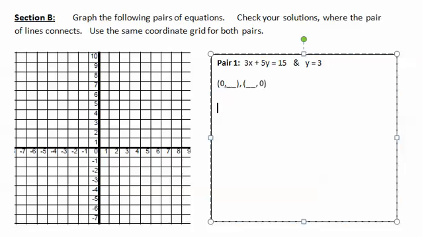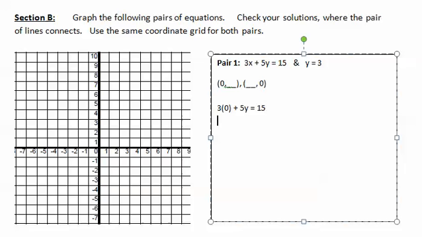Okay, so let's substitute a 0 in for x, and work through the problem. We're substituting in a 0, and we're going to keep the rest of the equation the same while we are solving it. So we have 3 times 0 plus 5y equals 15.